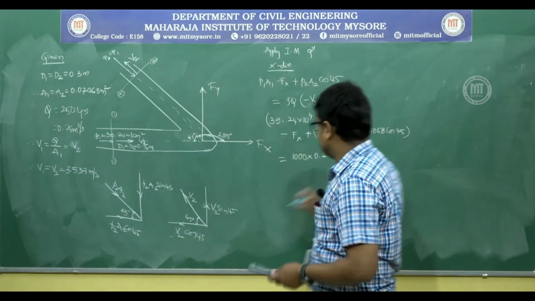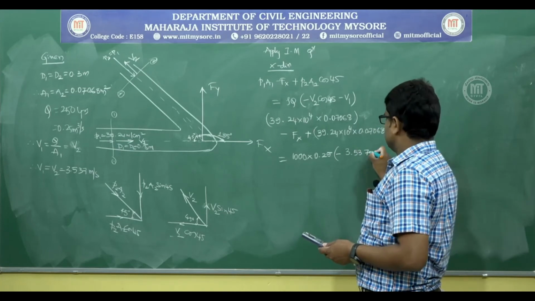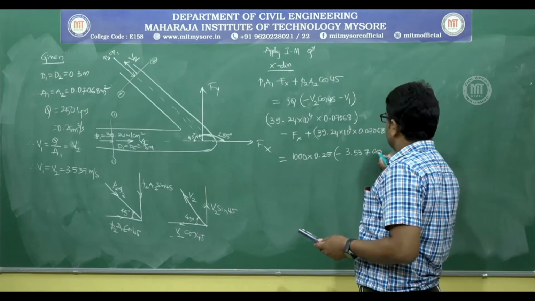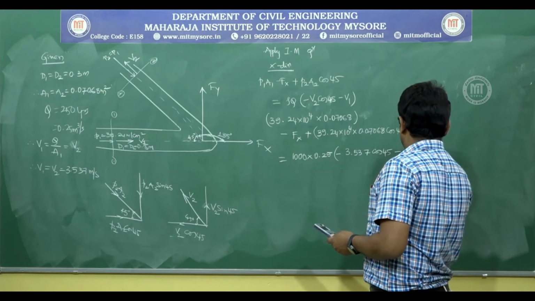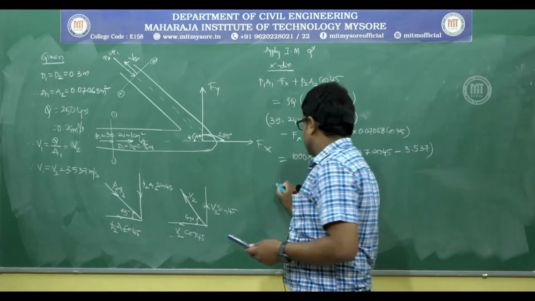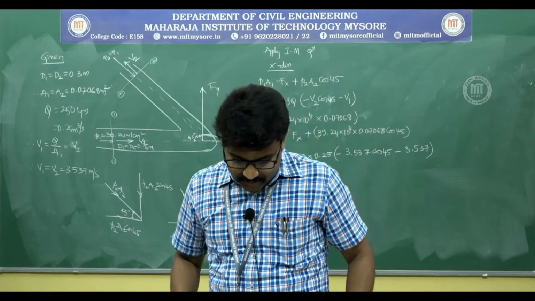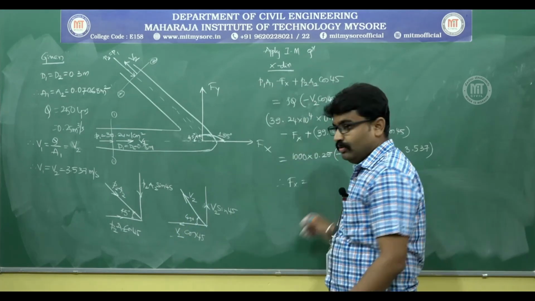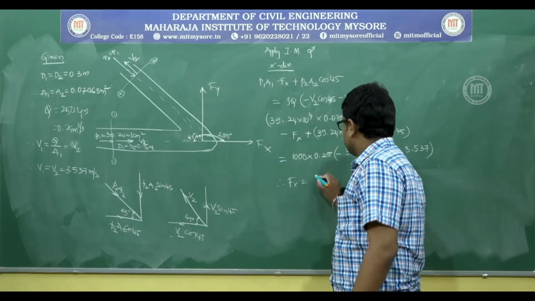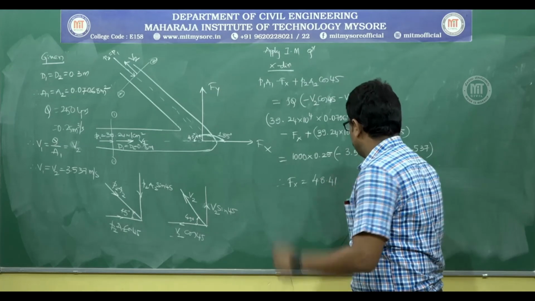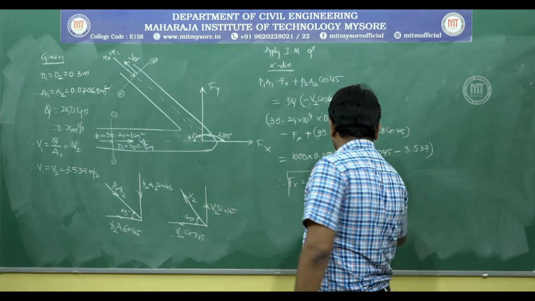So, here also I will write the same, 3.537 cos 45 minus 3.537. Ultimately, you will get Fx as equal to 48.41. Please calculate in your calculator. I am directly writing 48.41 into 10 power 3 Newton.